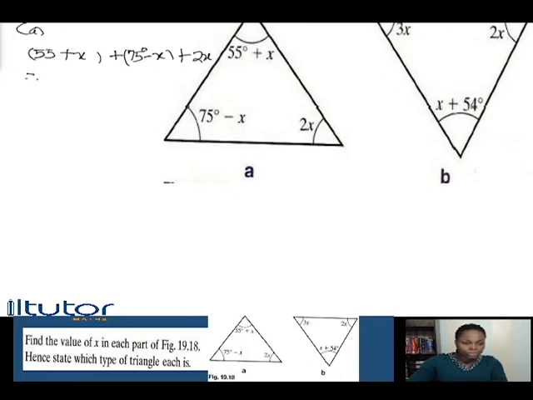These should give us 180 degrees. Reason: sum of angles in a triangle.